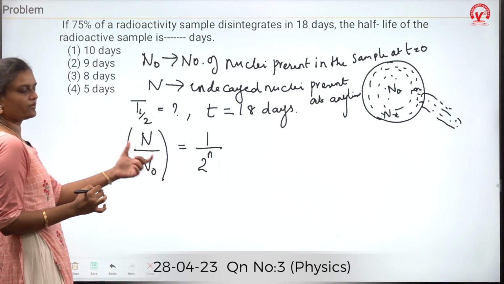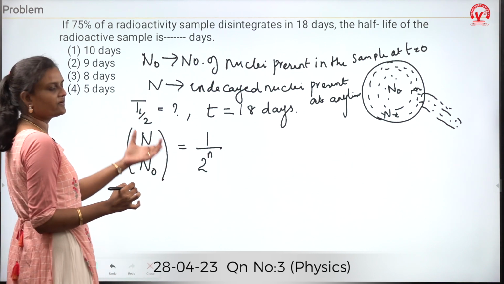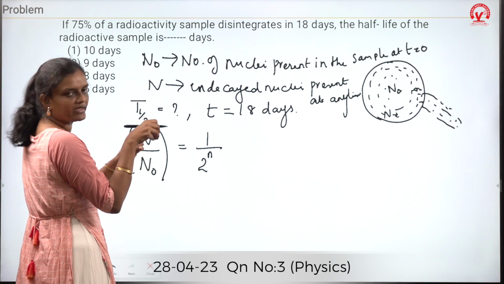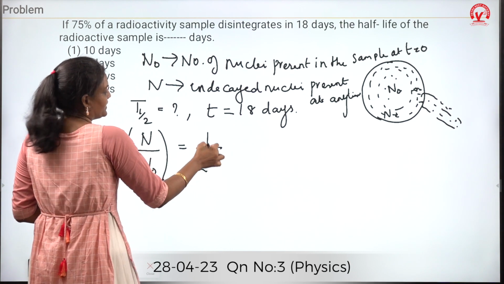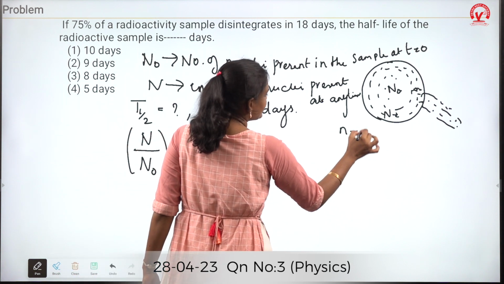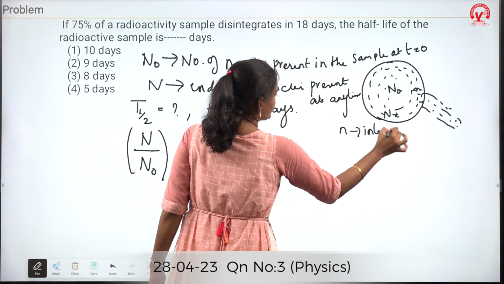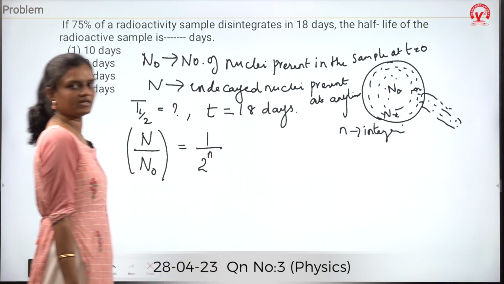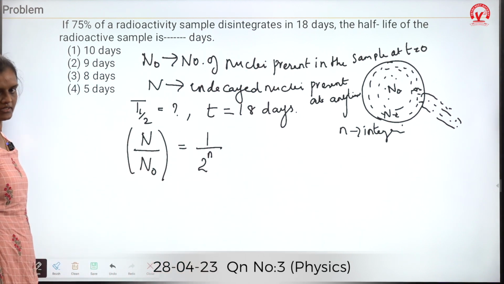Now we need to find small n, which is an integer, positive or negative.